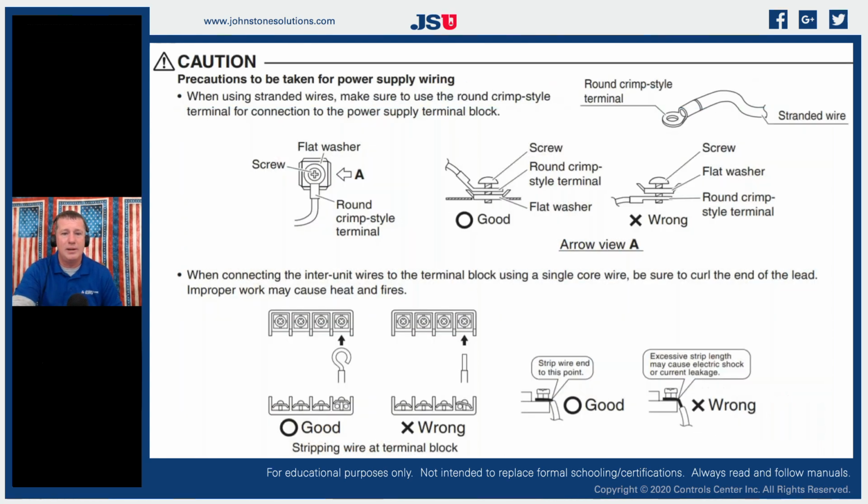If we look at installation manuals, we're going to see some really interesting perspectives on what type of wires can be used and what ones are not recommended. So if we look at our communication wires, we're going to see a lot of times we have designations for stranded or solid wire, so we can use either one of them.